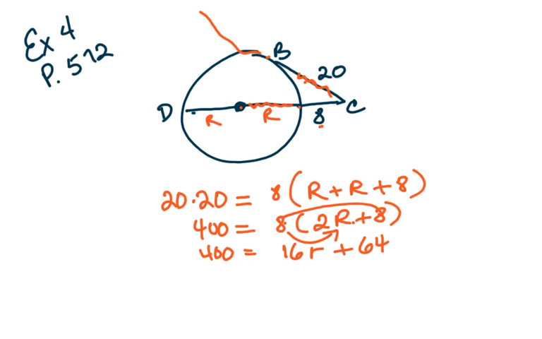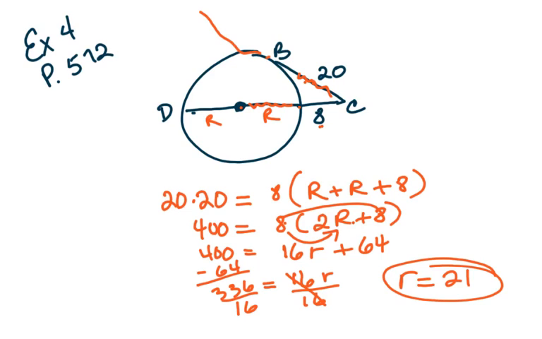All right, then I'm going to minus 64 on this side, minus 64, so I have 336 left. 336 equals 16r, and then I divide by 16, and r is going to equal 21. So the radius of the circle is 21. And that's how you do that.